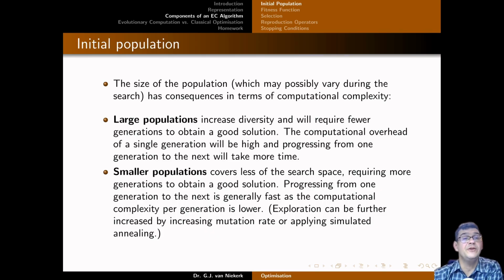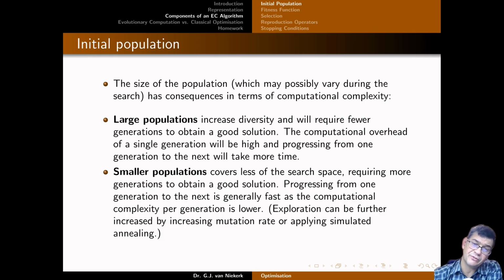It will also require fewer generations to obtain a good solution because of this diversity that you have in the population. And also, if you have parallel processing, with a large population you can process individuals concurrently, which is of course a good advantage. But again, your computational overhead is quite a bit, and it's going to take quite a bit of memory to store all these individuals or solutions inside your memory space.